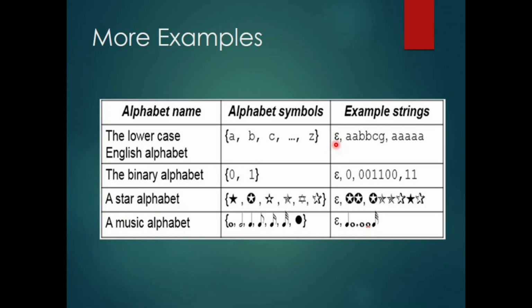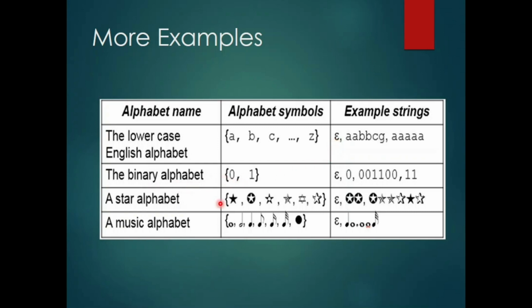It is called epsilon. Epsilon is a symbol that is used to represent no combination or no sequence of alphabet, or in other words, it is a string of length 0. It's an empty string. So the empty string is represented using a special symbol called epsilon.